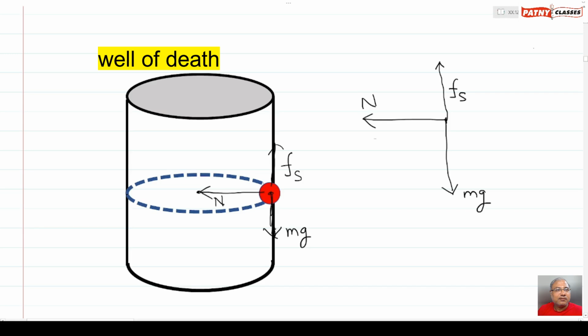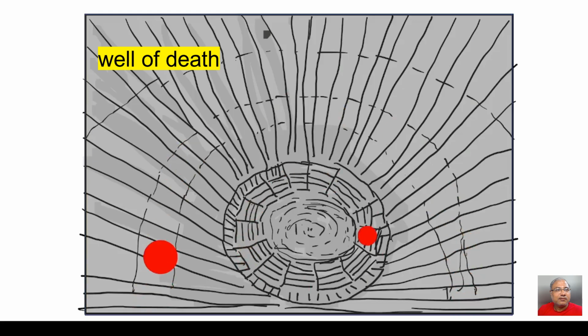So three forces: normal reaction, weight of the body, and the force of static friction. If this force of static friction is not present, then the vehicle, the body, will move in the downward direction. So static friction prevents the body from moving downward.